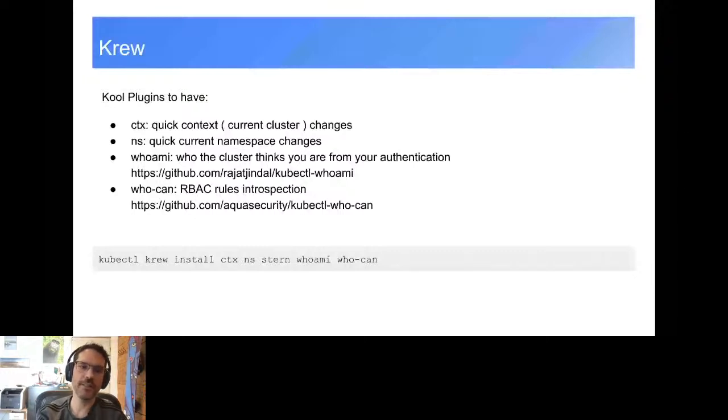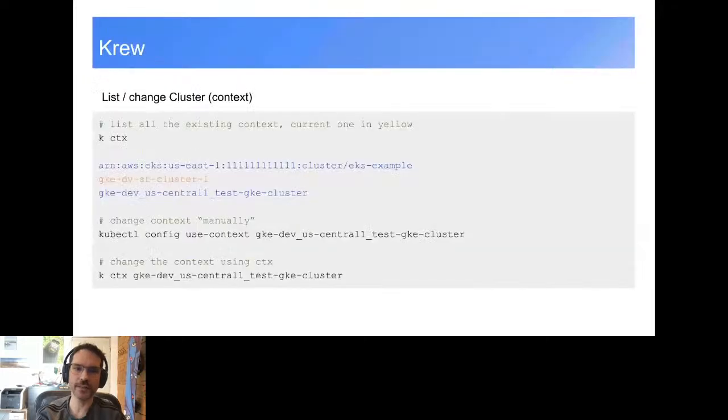The first one is ctx. So it's about context, changing your default context in Kubernetes. So kctx will list all the contexts you have configured. That means if you go look into your .kube/config file, you will see you have a ton of entries, the file gets very huge when you're working on different clusters, and this is a helper to be able to switch very quickly from one to the other.